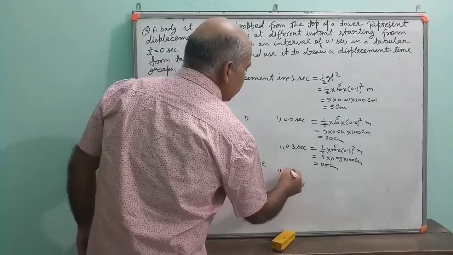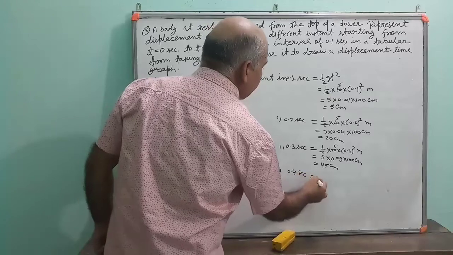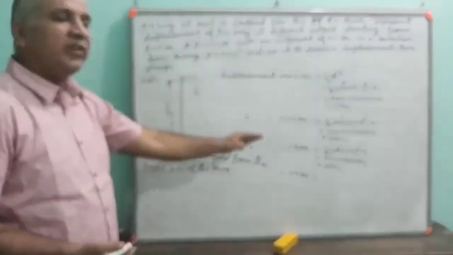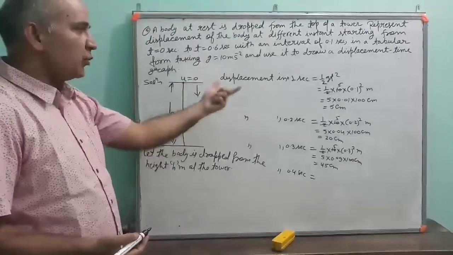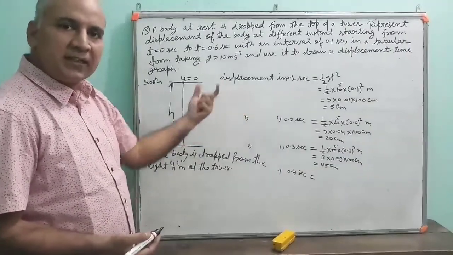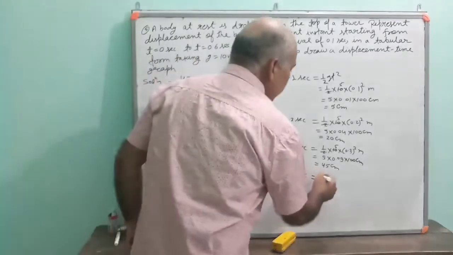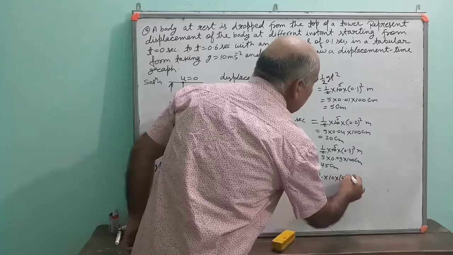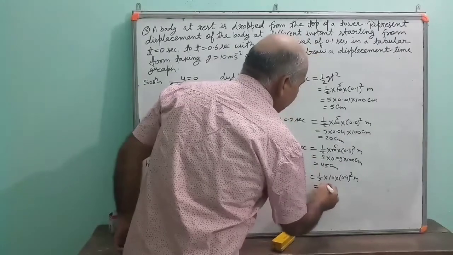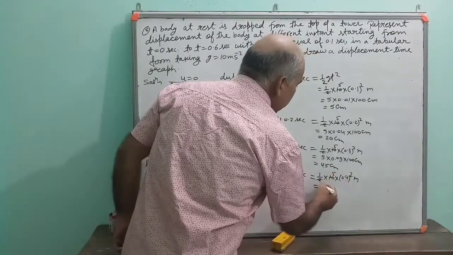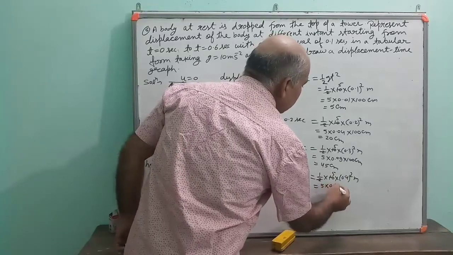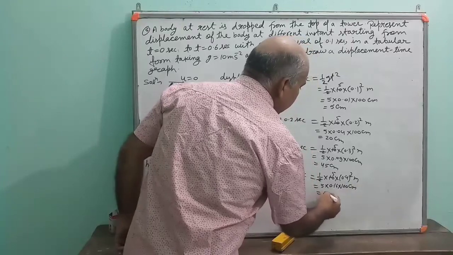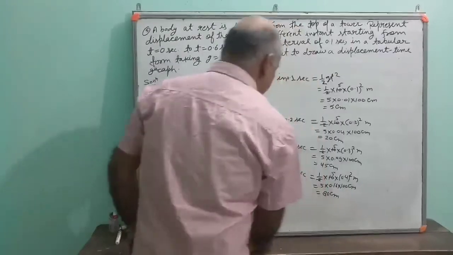Now displacement in 0.4 seconds, because we have to find till 0.6 seconds, so we have to show all of these displacements in the tabular form. 1 by 2 into 10 into 0.4 square meter, that means 5 into 0.16 into 100 centimeter, that means 80 centimeter.